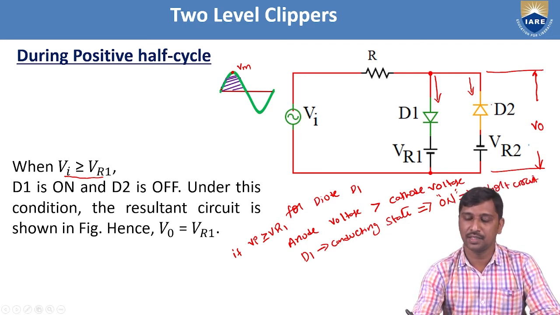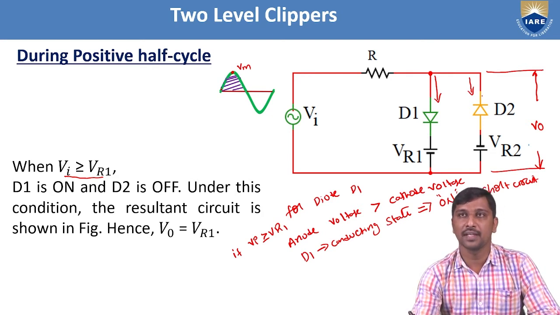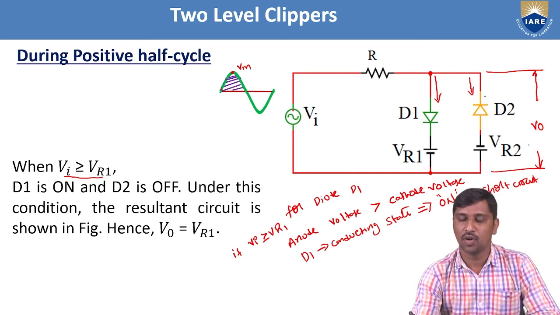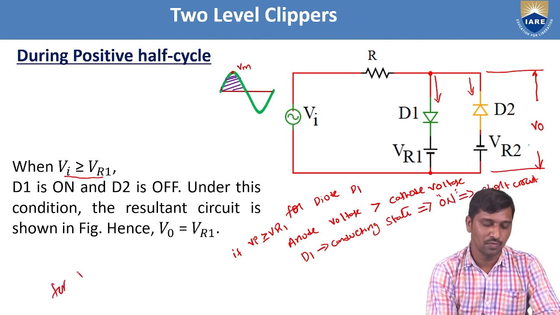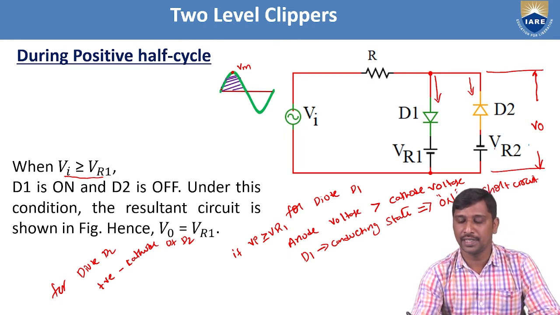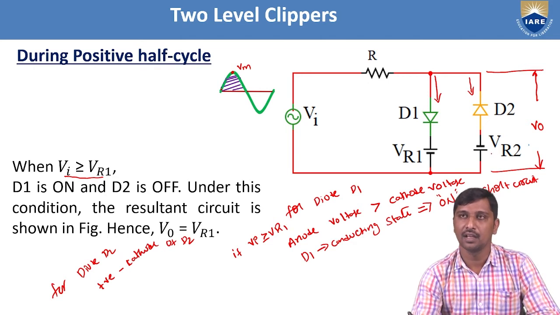Similarly, this is the positive magnitude. We are assuming that Vi is greater than or equal to VR1, meaning Vi is passing towards the Vm. So at this point, what happens here? For diode D2, a positive magnitude is connected to the cathode of D2, and a negative voltage is connected to the anode; this is the constant difference voltage, and this magnitude is represented as a negative magnitude.